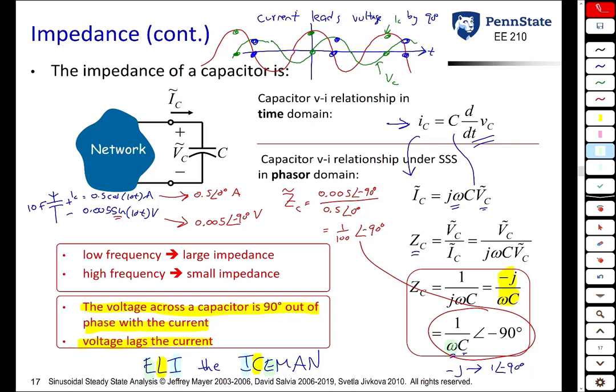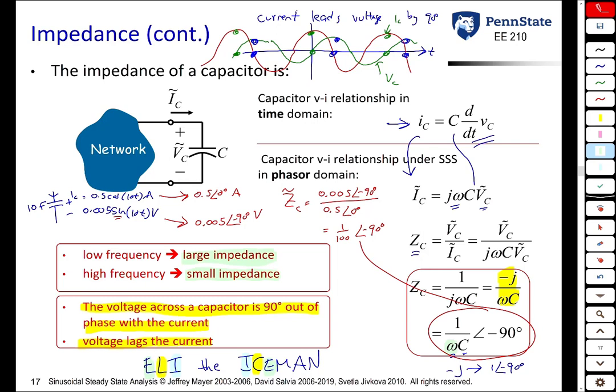Another way to look at it is for a given voltage, at low frequencies, you're not going to have as much current. In other words, you're going to impede the current, you're going to have a large impedance. As you increase the frequency for a given voltage, you're going to have more current or less impedance.